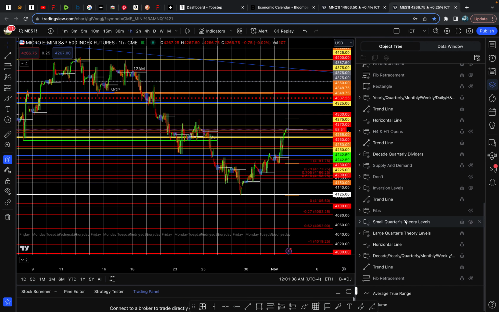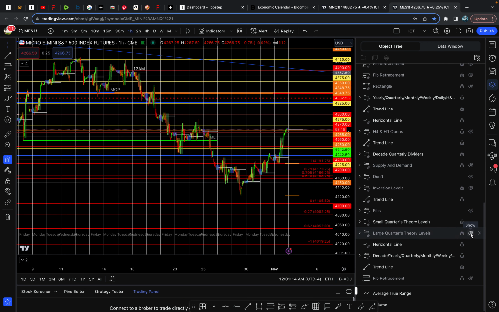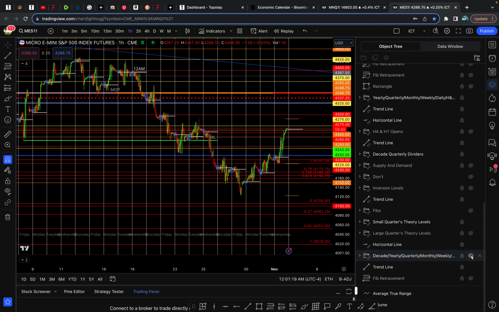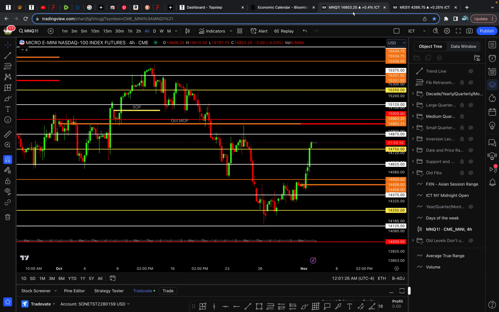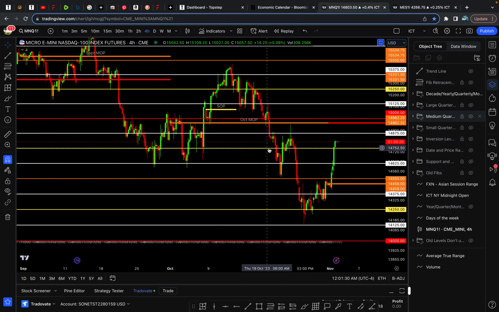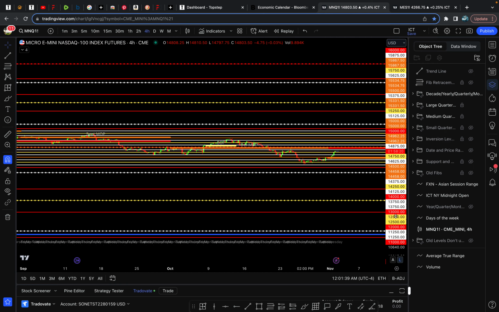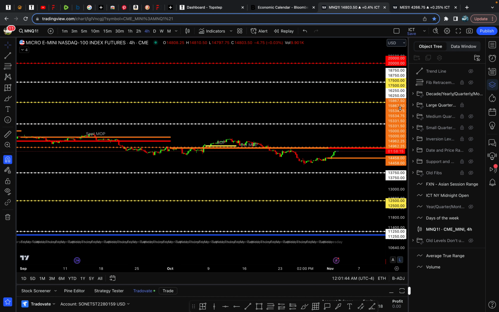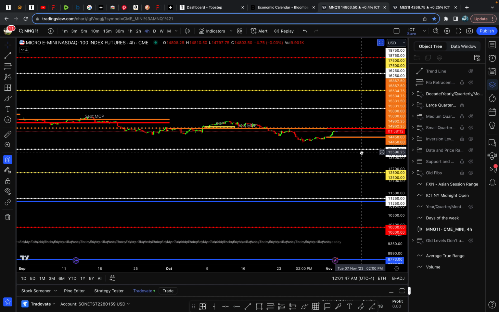I'll do that later. I just want to show you the levels that I have. You're wondering what these levels are. They're just quarters theory levels, and they're just different scales.